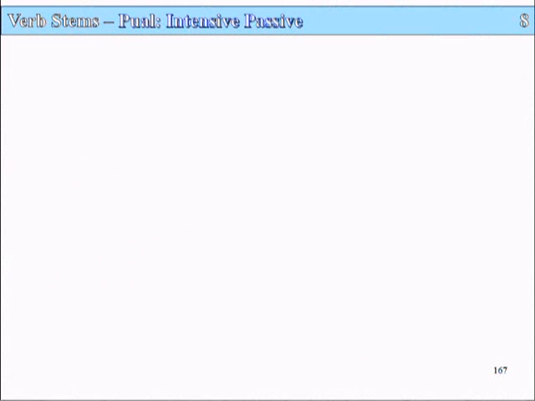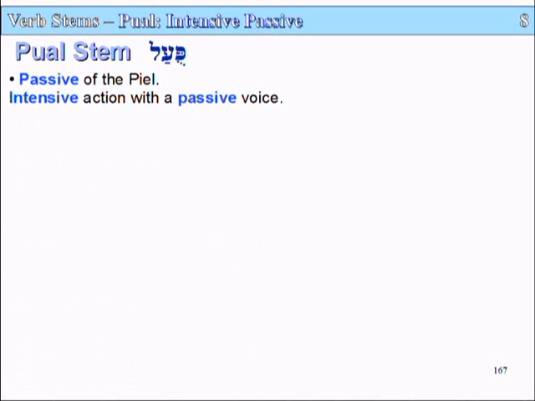Slide 167, Lesson 8, Verb Stems, the Pual, the intensive passive verb stem. The Pual stem is the passive form of the Piel verb stem seen previously. It has intensive action with a passive voice.